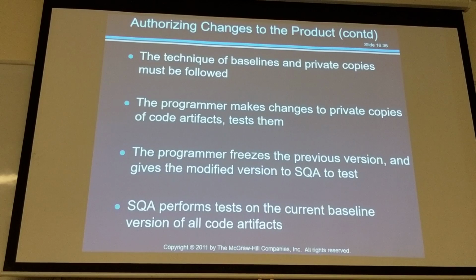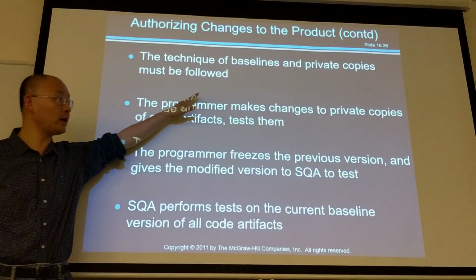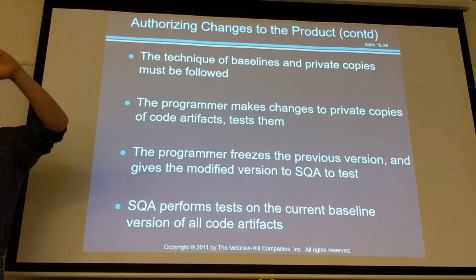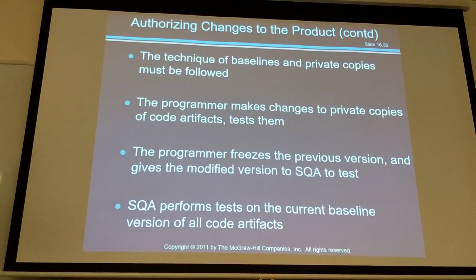Then they will say, yes, you can check in now. At this time, your GitLab may run the regression test suite on it. Once it passes, you can push this to the main repository. So your baseline is in the main repository, and you work on a private copy. I hope this is the process you have been running on your project.